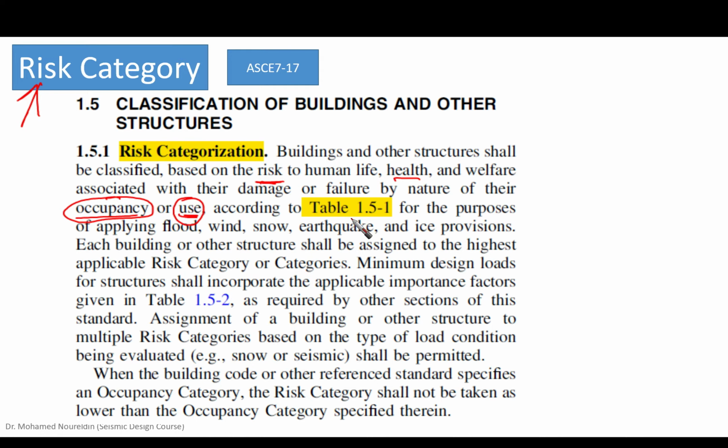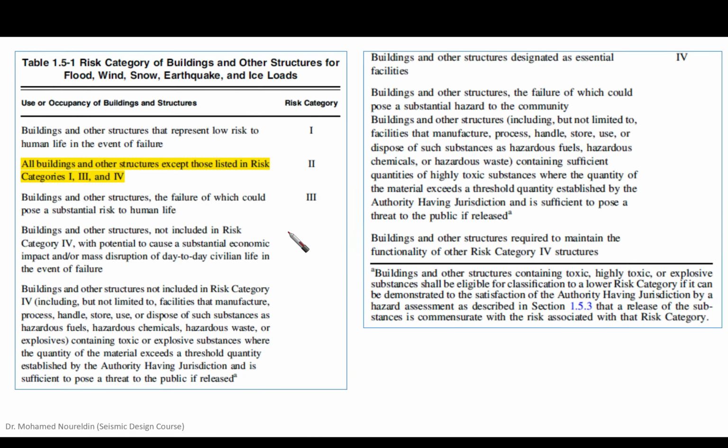According to table 1.5-1, for the purposes of applying flood, wind, snow, earthquake, and ice provisions, we can take a look at this table. This is in chapter 1 in ASCE, and it gives us the risk category of buildings and other structures for flood, wind, snow, earthquake, and ice loads.